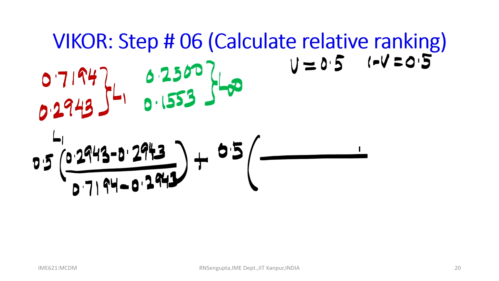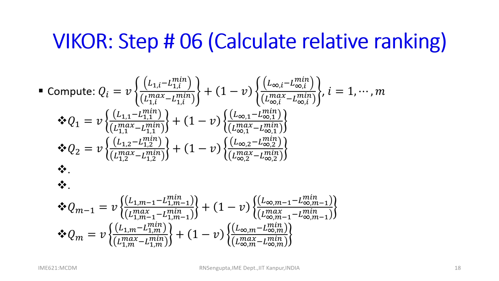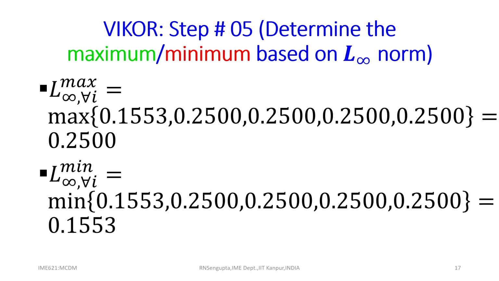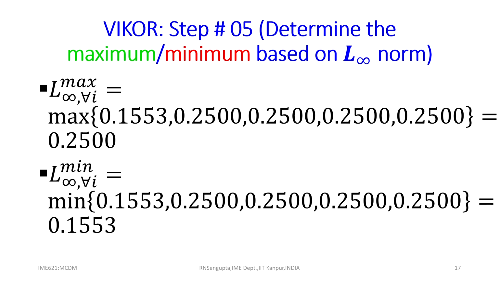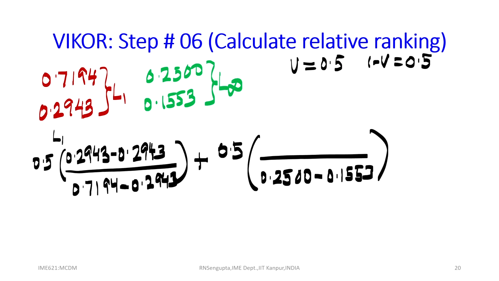In the infinity norm, the denominator we can immediately write: 0.2500 minus 0.1553, and in the numerator, when I consider the minimum value, it will be 0.1553 minus 0.1553.